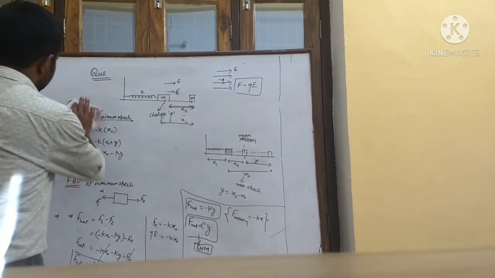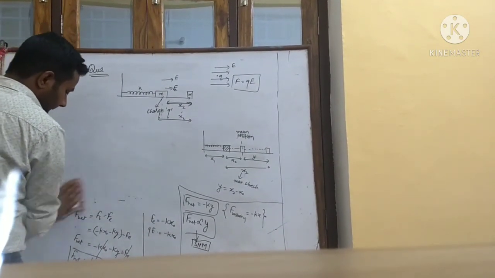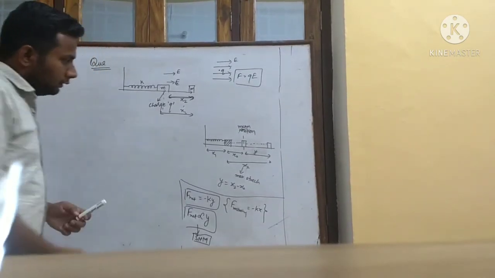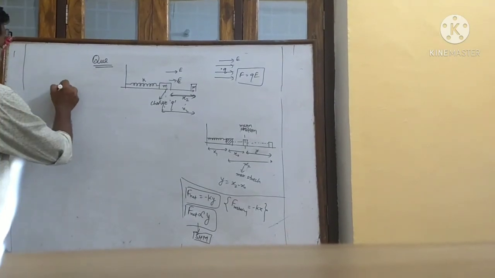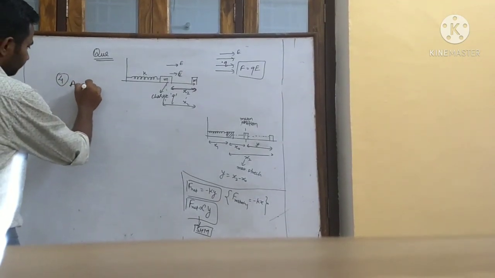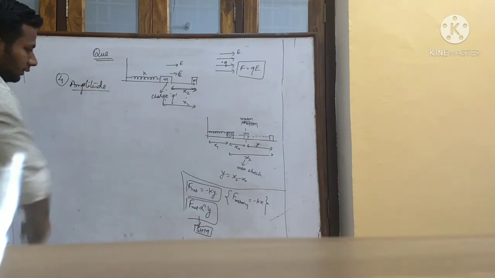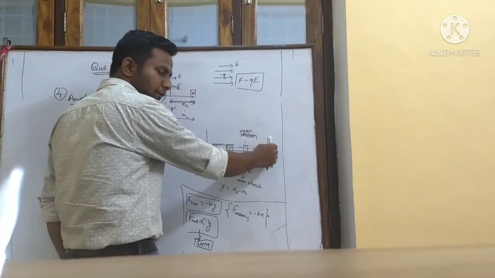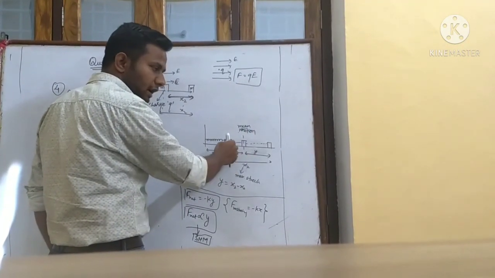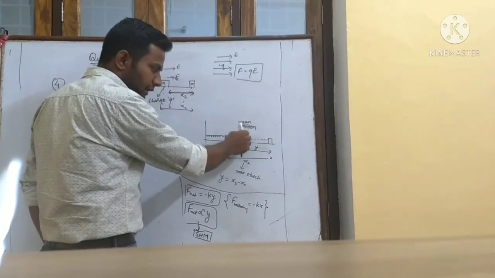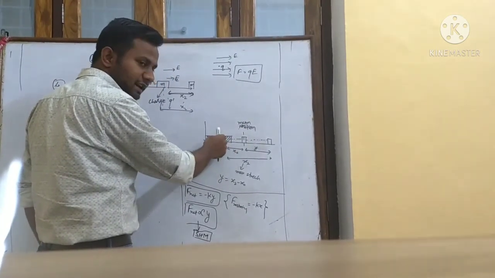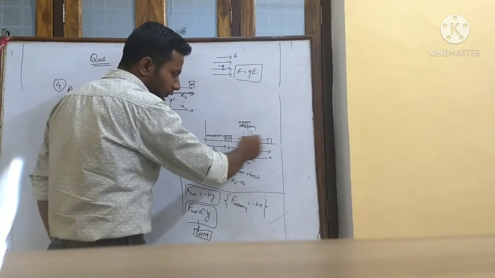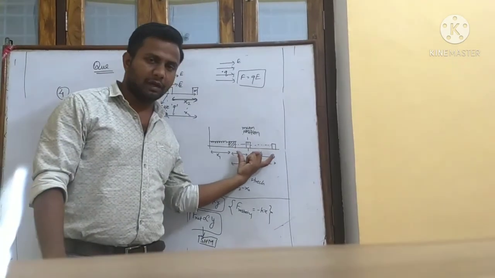Now we are going to solve the fourth part and the fifth part. Fourth part, amplitude. Amplitude means this is the extreme position, this is the mean position, this is the maximum position. At this position, it will come back and it will reach the mean position. Again, because of inertia, it will move in this direction. Then again it will reach the mean position and will move like this, just like simple harmonic motion.